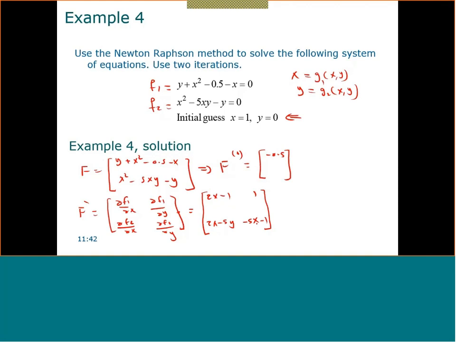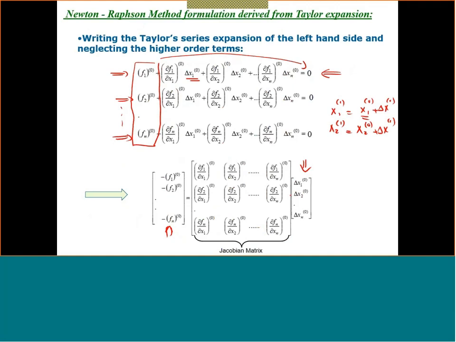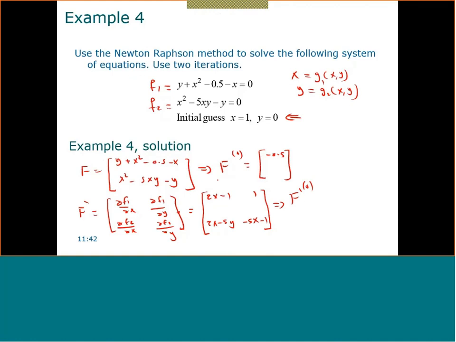Okay, now this is in symbolic form. Then I have to calculate f prime, but at 0. What is this? This is nothing but this matrix. Okay, excellent. So we'll do this.